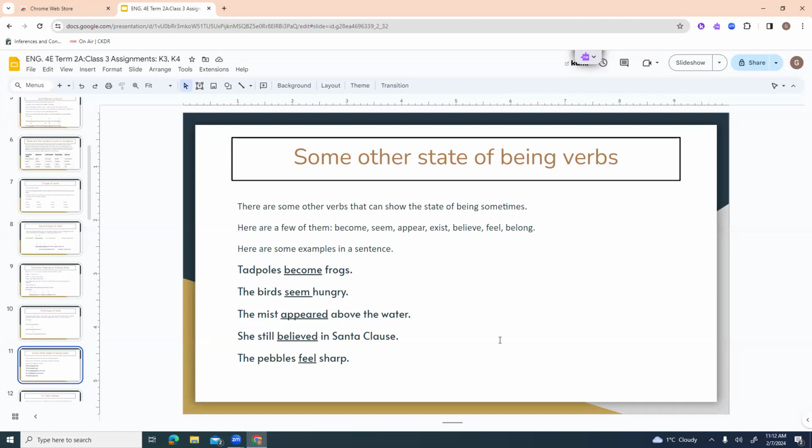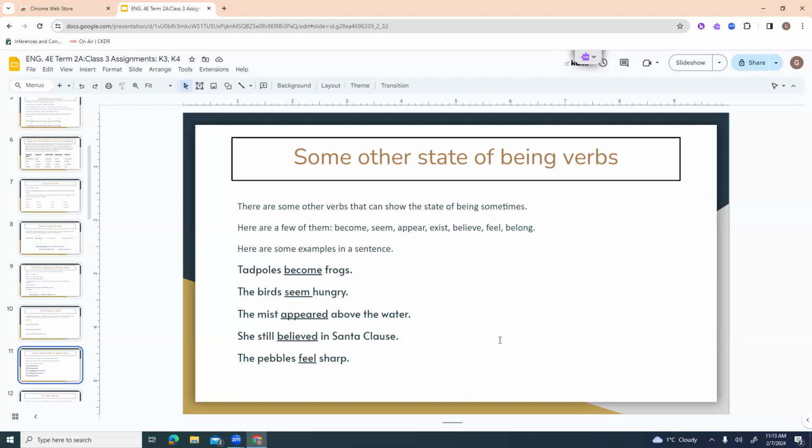If you're not sure that these are verbs, then you may look at a sentence and think it's wrong when actually it's right. So tadpoles become frogs. The birds seem hungry. The mist appeared above the water. She still believed in Santa Claus.